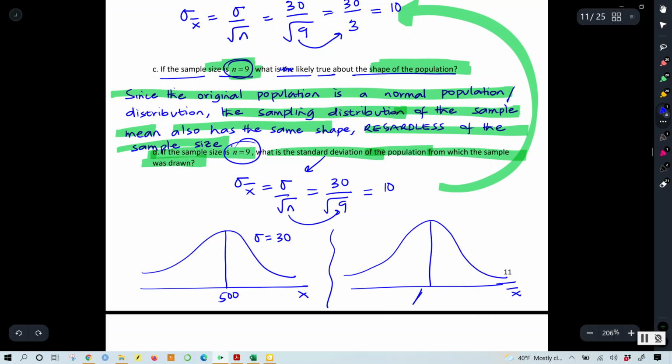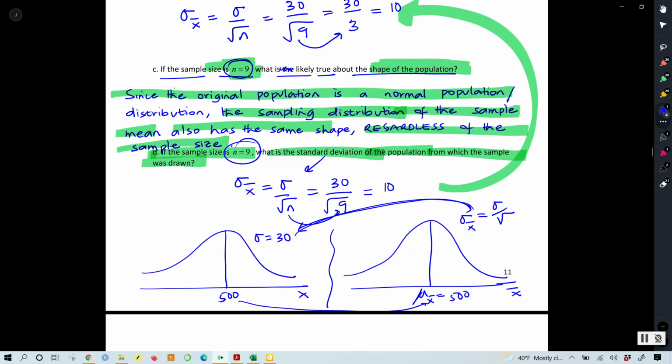The mean of x bar would still be 500, the same mean, but they will have a different standard deviation, or standard error in this case. And this derived one will be derived from the previous one by taking the previous standard deviation, which is 30, divided by the square root of n. So that will be 30 divided by the square root of 9, which we got to be 10.